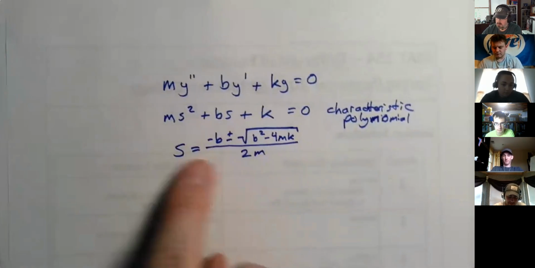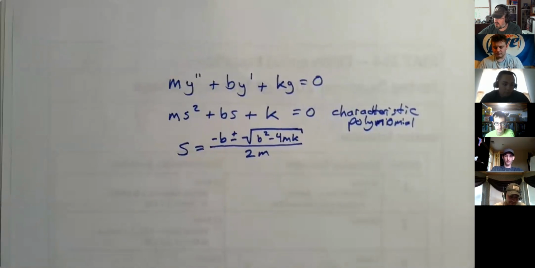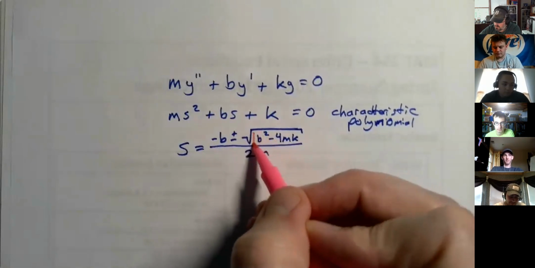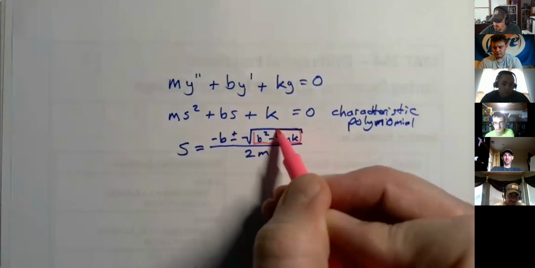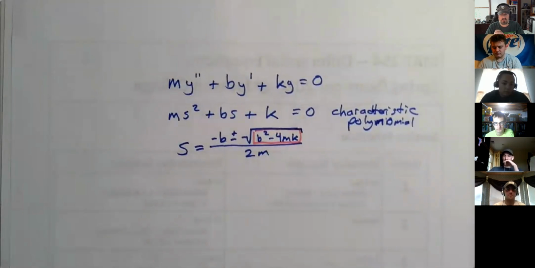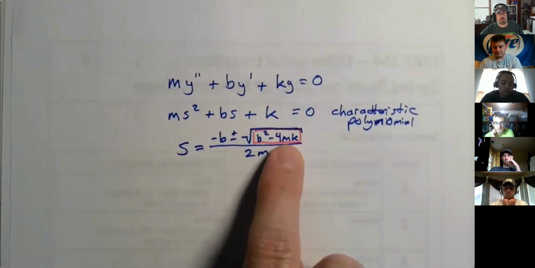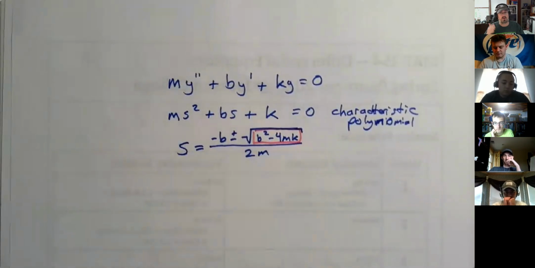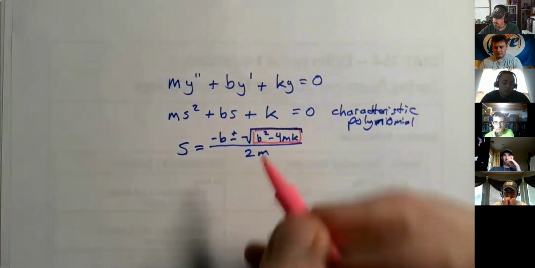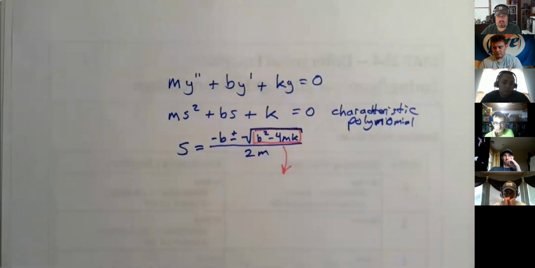But the stuff underneath the radical determines whether we have a real repeated solution, 2 distinct real solutions, or 2 complex solutions with imaginary parts. So that's the focus of whether we have critically damped, underdamped, or overdamped. This thing is what we're going to use to decide.